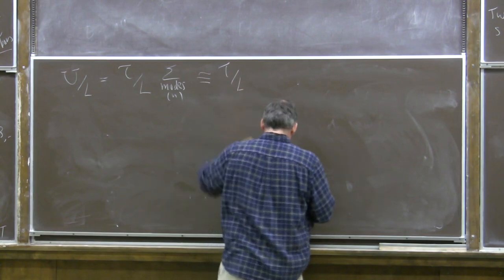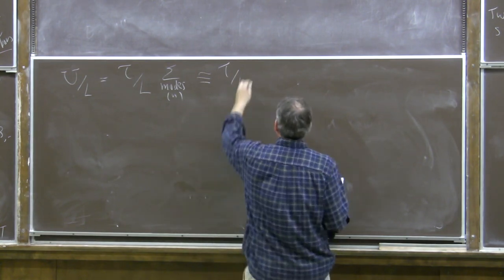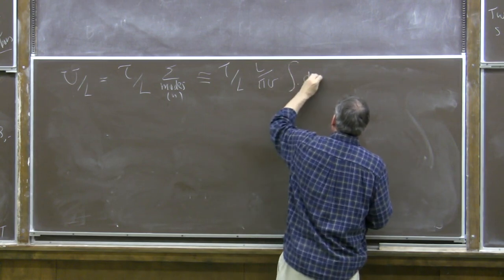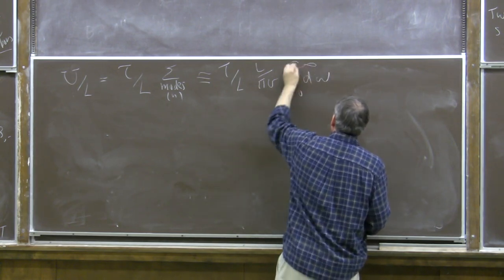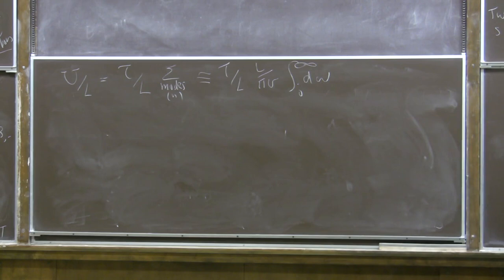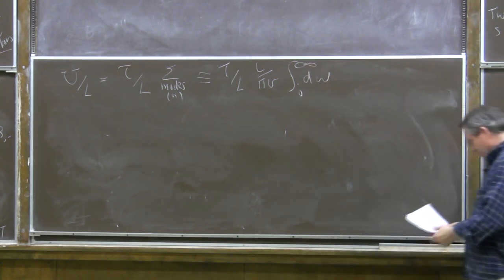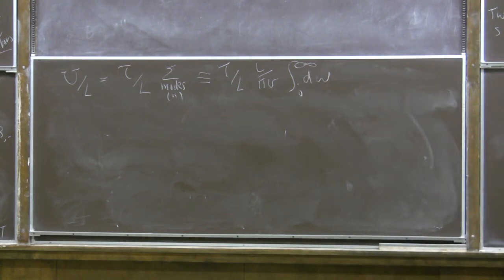Tau over L times L over pi v integral d omega, well, in principle, it's over non-negative values up to some maximum wave number. But we're only going to be considering the fluctuations in a certain bandwidth.